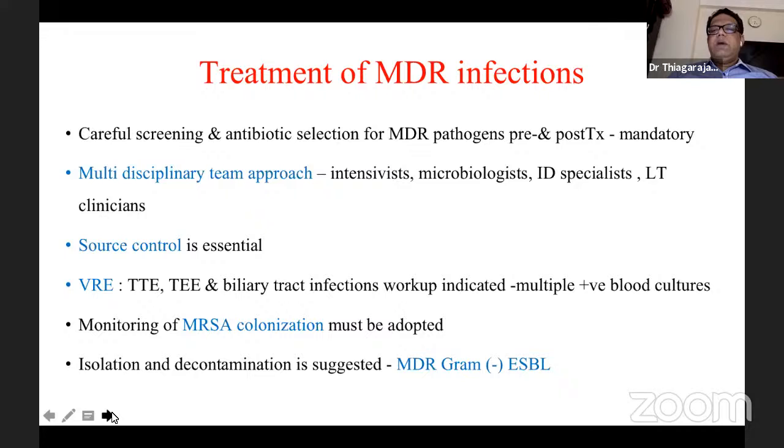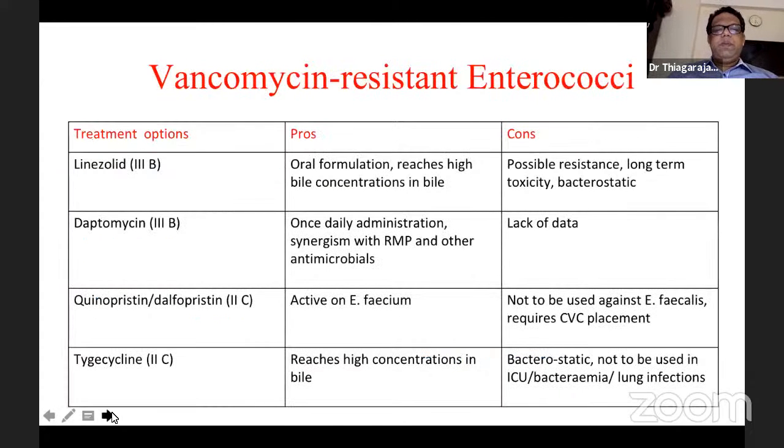Whenever we see vancomycin resistant enterococci, a complete workup with biliary tract and cardiac imaging is important. MRSA colonization monitoring should be adopted. Whenever you have MDR gram-negative ESBLs, isolation and decontamination is suggested.